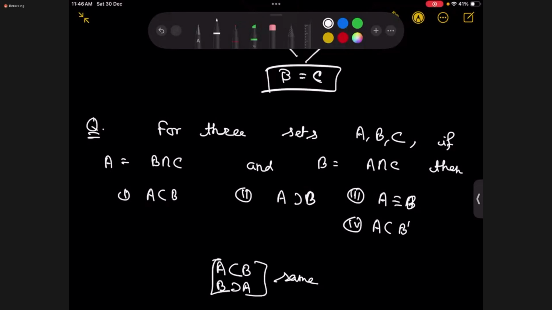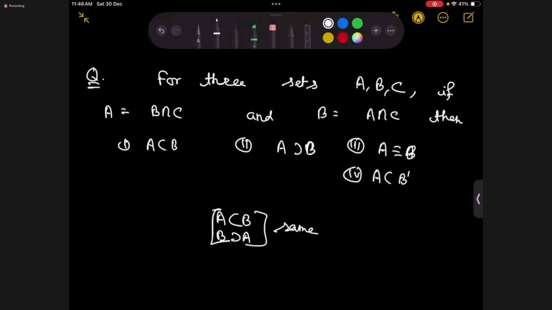Okay, and how can I understand which set lies inside which set, or which set is a subset of which set? Under this gap, the set that is under the gap is bigger.